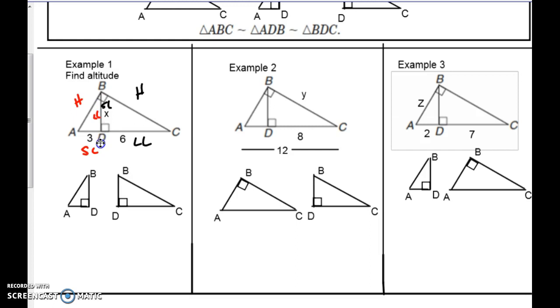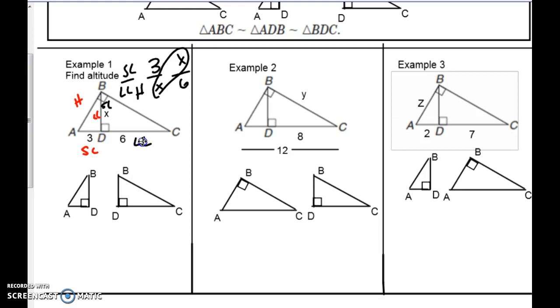Now remember, the geometric mean is the one where we multiplied them together in the last problem on that video. So what this is saying is if I have these two sides, I can say 3 over x and x over 6. Because I'm going to multiply here. Here that would be my short leg over my long leg. My short leg over my long leg.